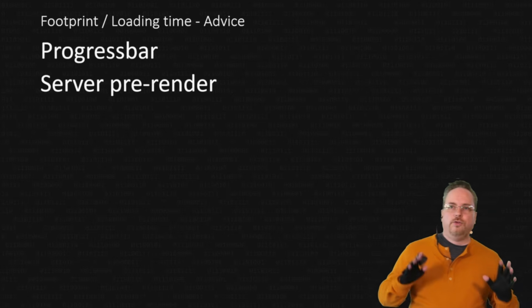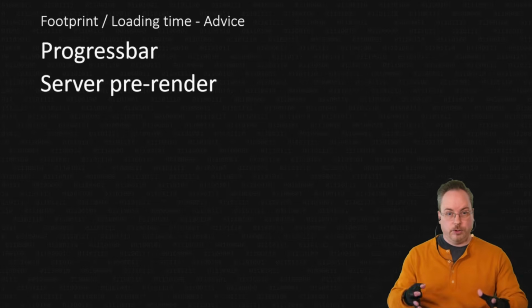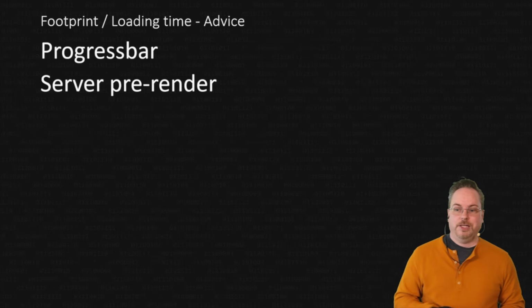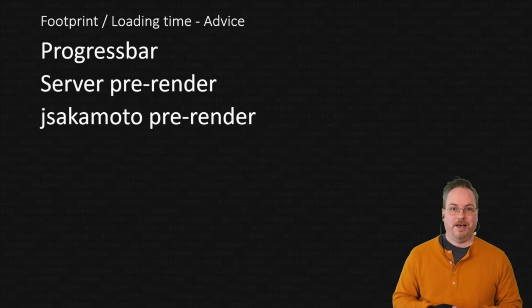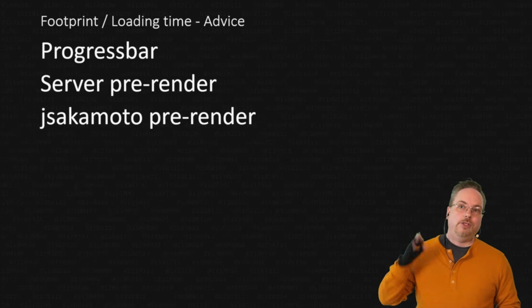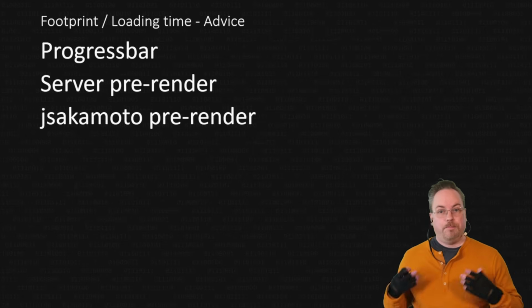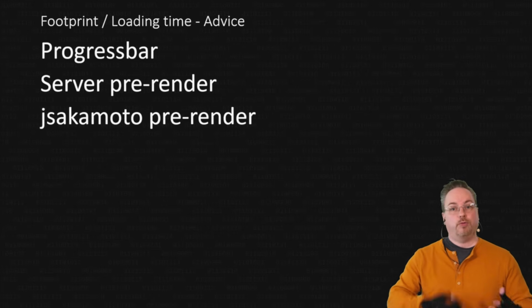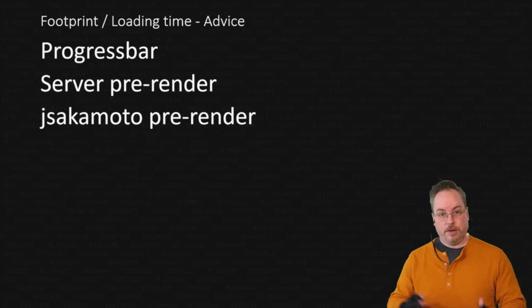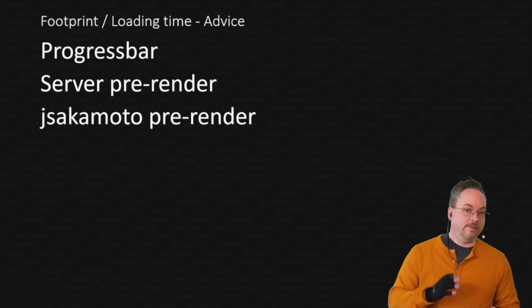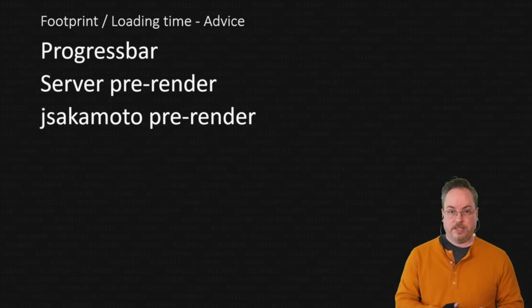So we can use server pre-render, as I've shown you. That's the simplest solution. Now, I've seen that Junichi Sakamoto is actually inside of the chat here, and we can use Junichi Sakamoto's pre-rendering. Basically what it does is pre-render the content of the WebAssembly site at publish. So we're going to get better SEO, and we're going to get faster loads.